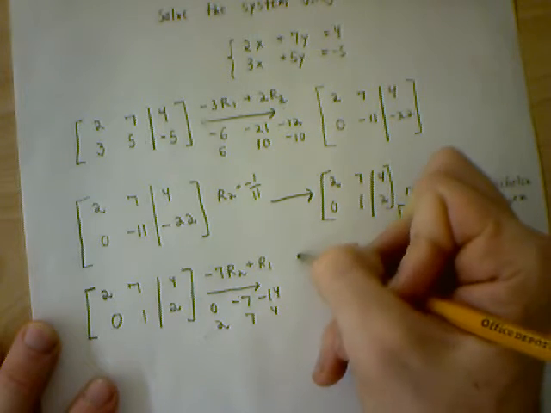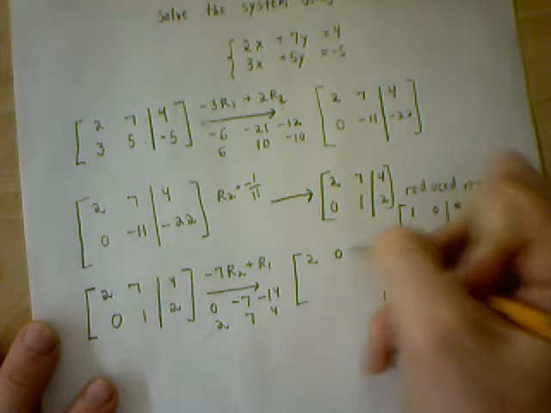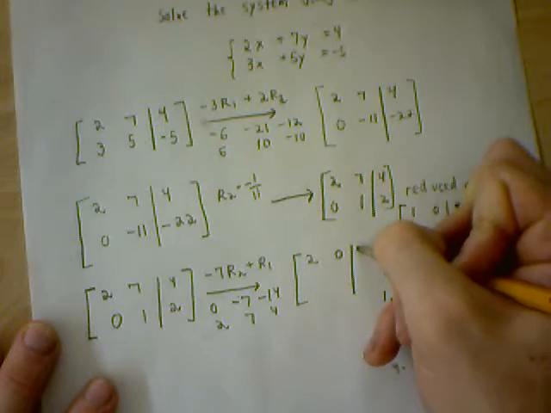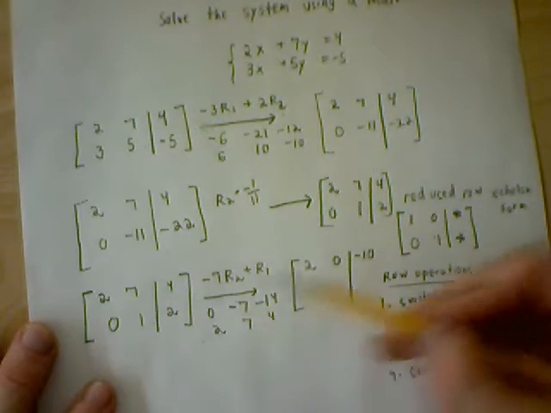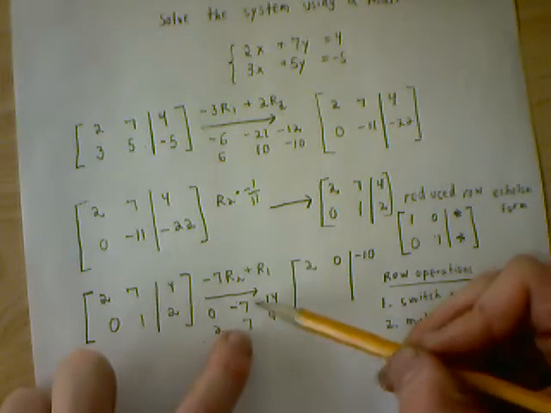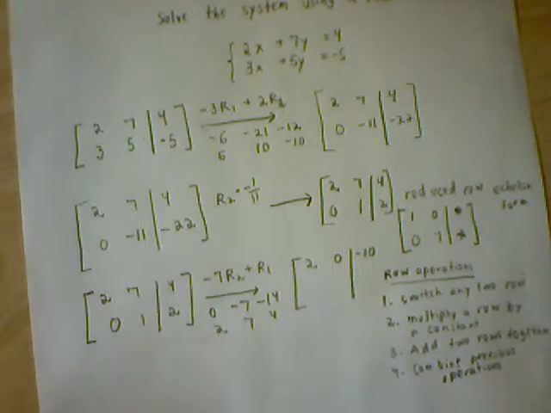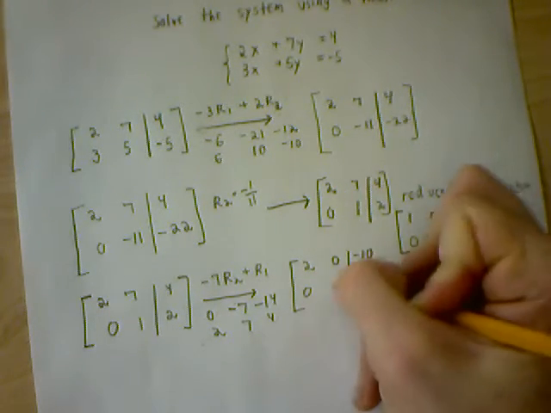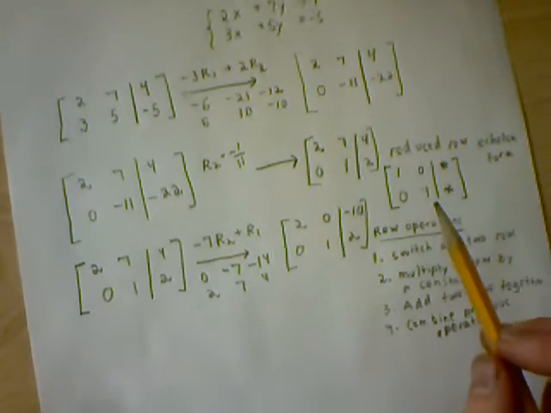Adding them together, we get 2, 0, negative 10. Because 0 plus 2 is 2, negative 7 plus 7 is 0, negative 14 plus 4 is negative 10. Over here I have 0, 1, and 2. We're not yet in reduced row echelon form.